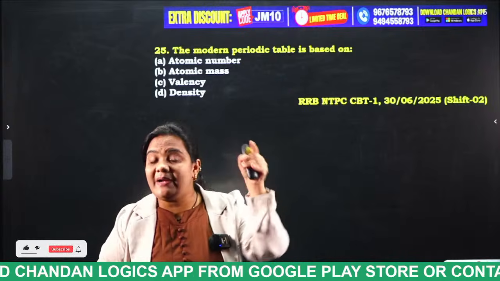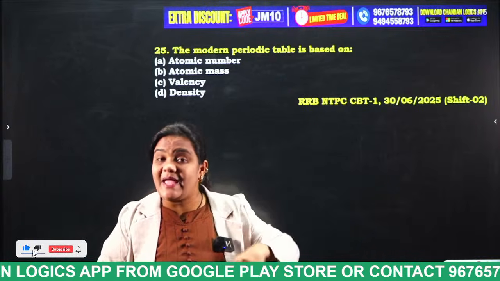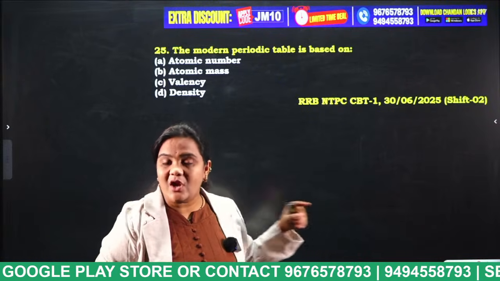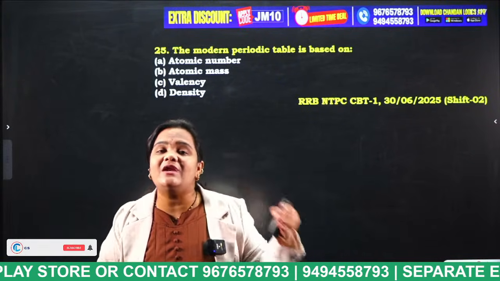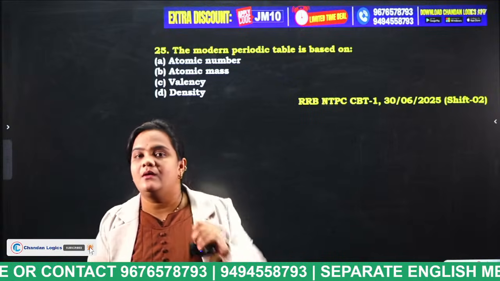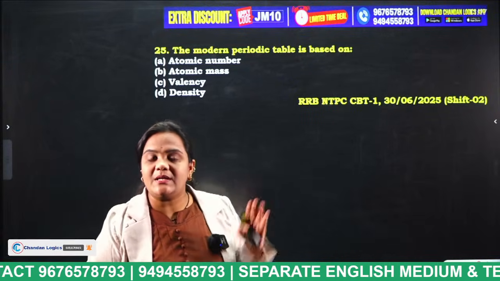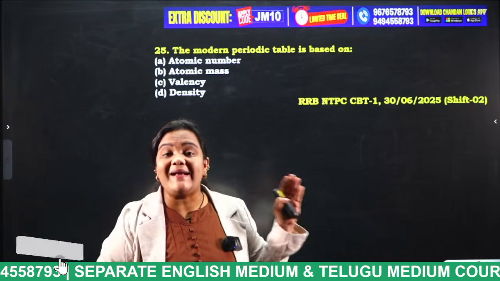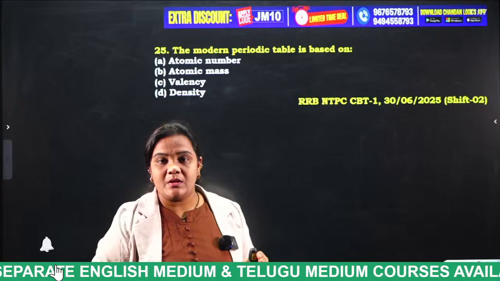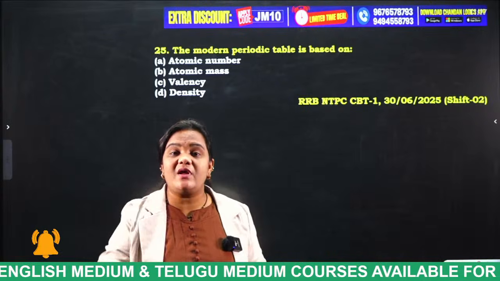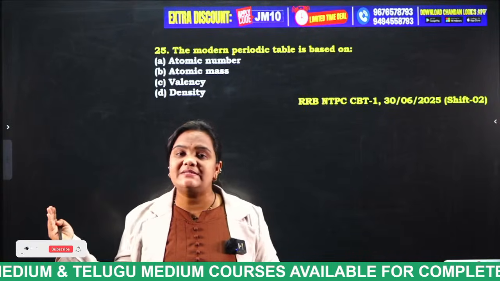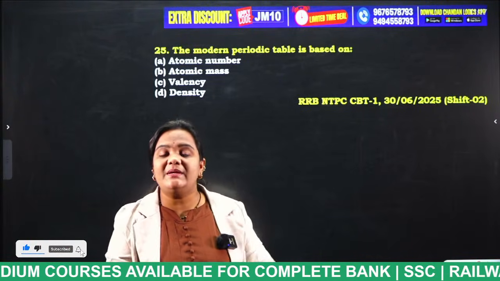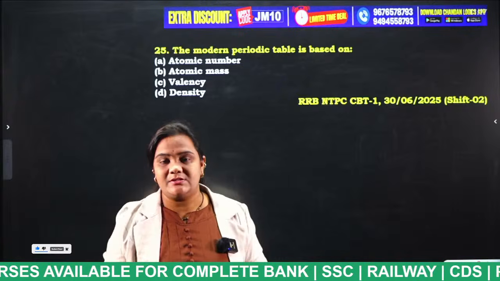Remember, students, Henry Moseley, who discovered the modern periodic table, classified the elements based on atomic number. As of now, we have 118 elements. The elements on the left side of the periodic table are metals, on the right side non-metals, and in the middle we have 7 metalloids.